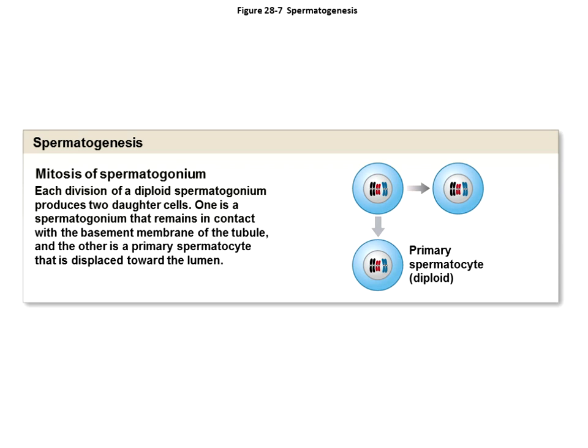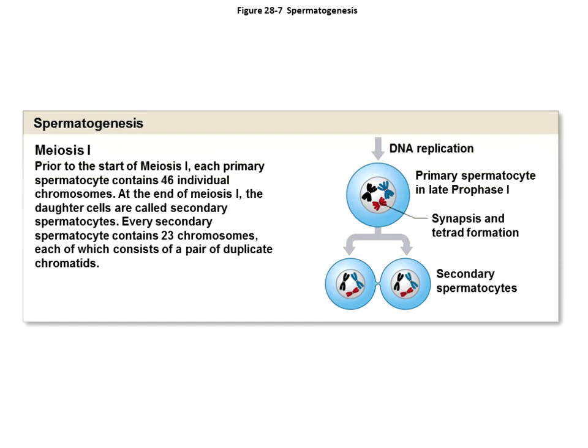So for spermatogenesis, remember there's the spermatogonium, which divides to become another spermatogonium and a primary spermatocyte. Then we have meiosis 1, so that primary spermatocyte goes through meiosis. In meiosis 1, a very important thing that happens is crossing over, so that these daughter cells are going to be slightly different.